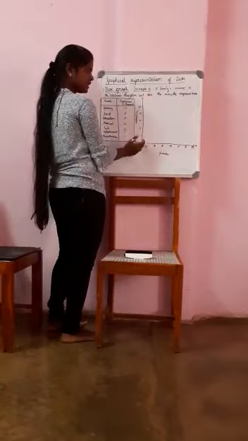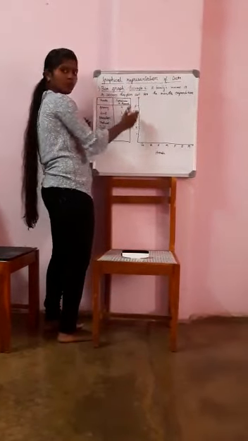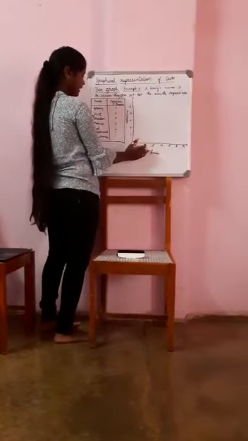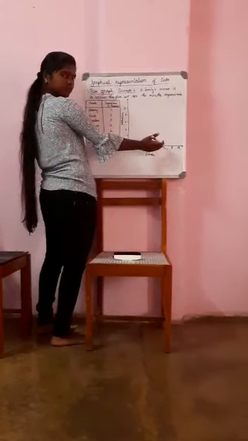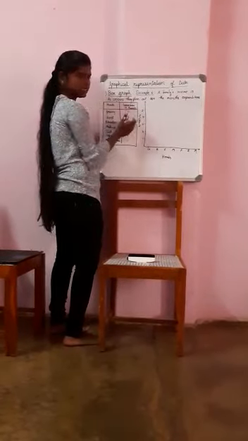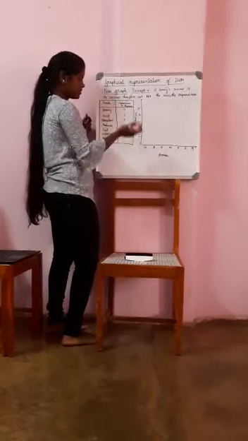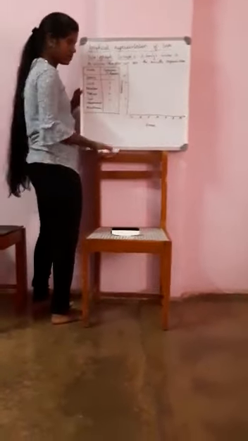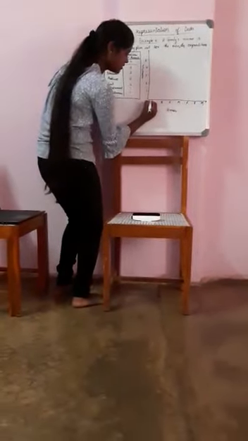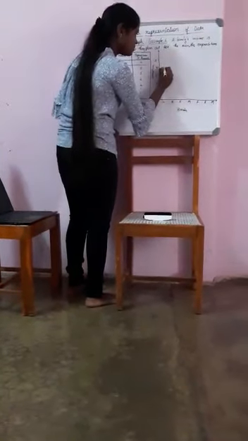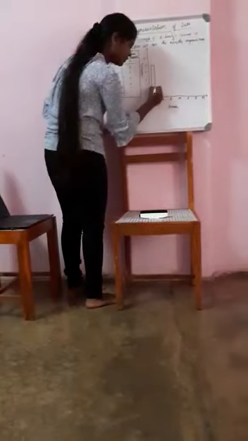I am going to consider an x-axis and a y-axis. I am going to write all the heads here: grocery, rent, education, medicine, fuel, entertainment and miscellaneous. And this is the amount, that is the expenditure in thousands. Now grocery, they are going to spend 4,000. I'm going to start from here and take it up to 4,000 and bring it down.